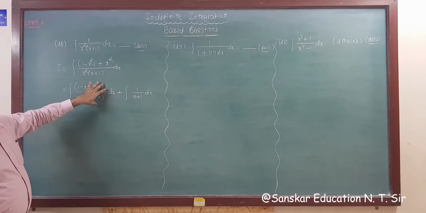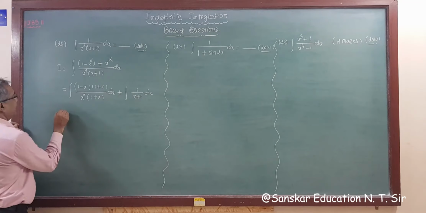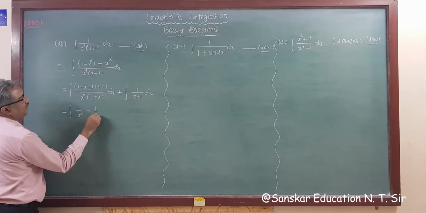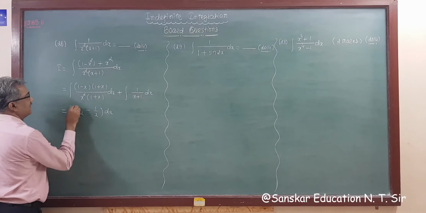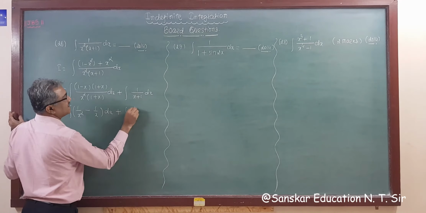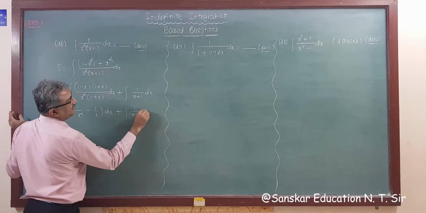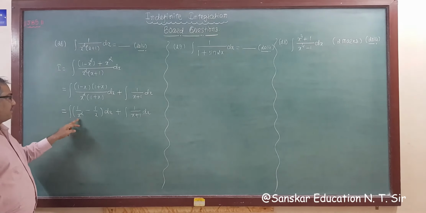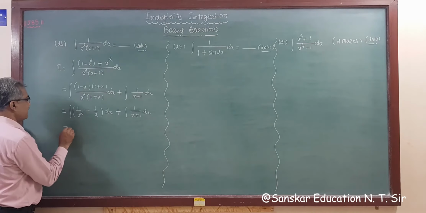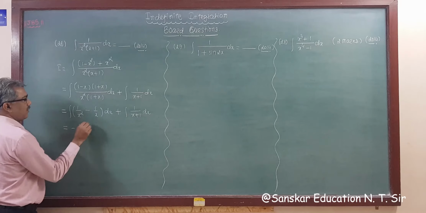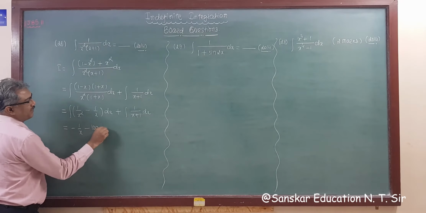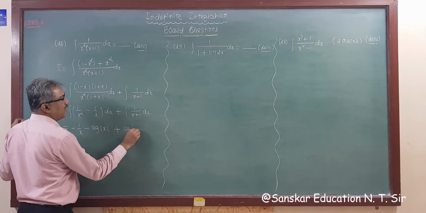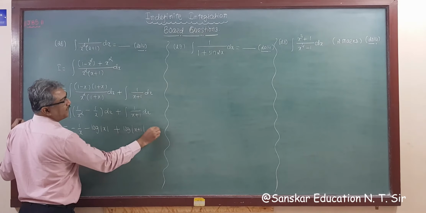Now this 1 plus x will cut, and bifurcating this we get integration 1 upon x squared minus 1 upon x dx, plus integration 1 upon x plus 1 dx. Integrating this is now easy for you. So integral of 1 upon x squared is minus 1 upon x, minus log mod x, derivative of denominator is in numerator, and plus log mod x plus 1 and plus c.